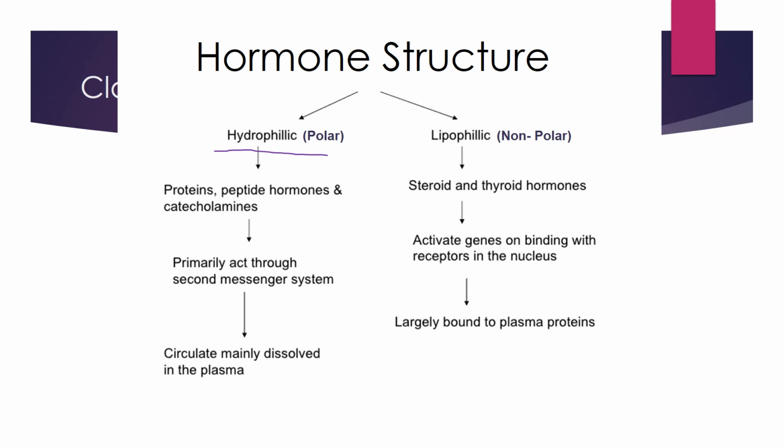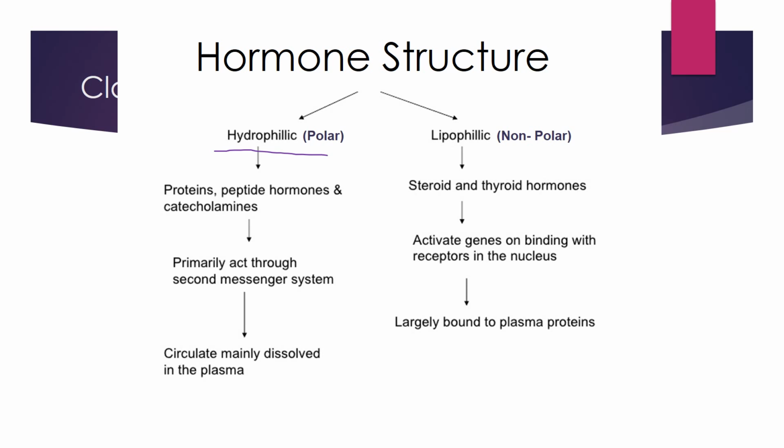This includes polypeptides, glycoproteins, and catecholamines like norepinephrine, epinephrine, and dopamine. They act through a second messenger system within their target tissue, and they circulate mainly dissolved in the plasma.